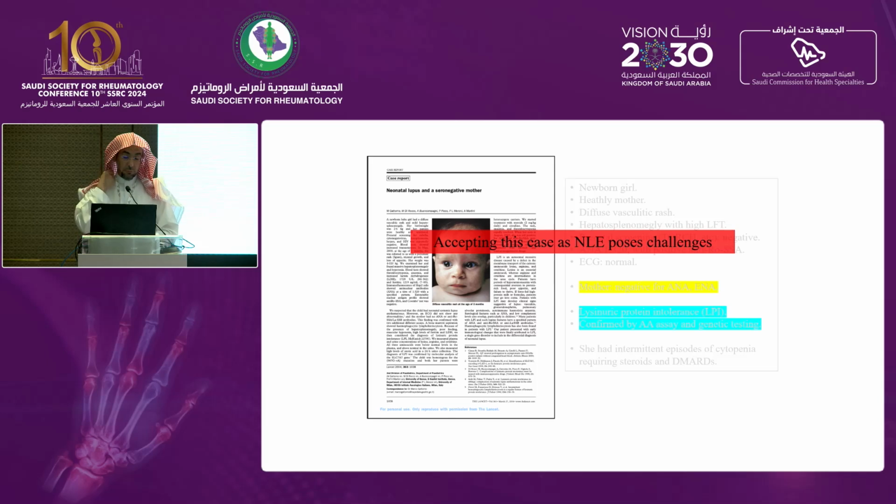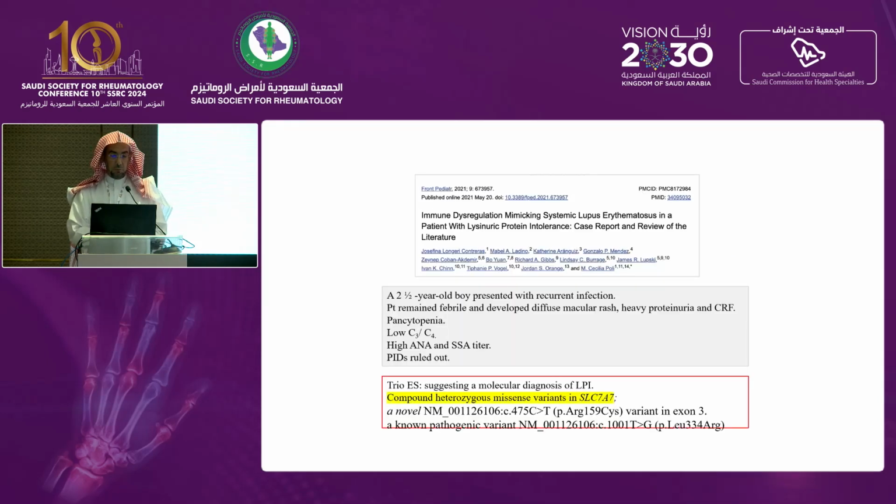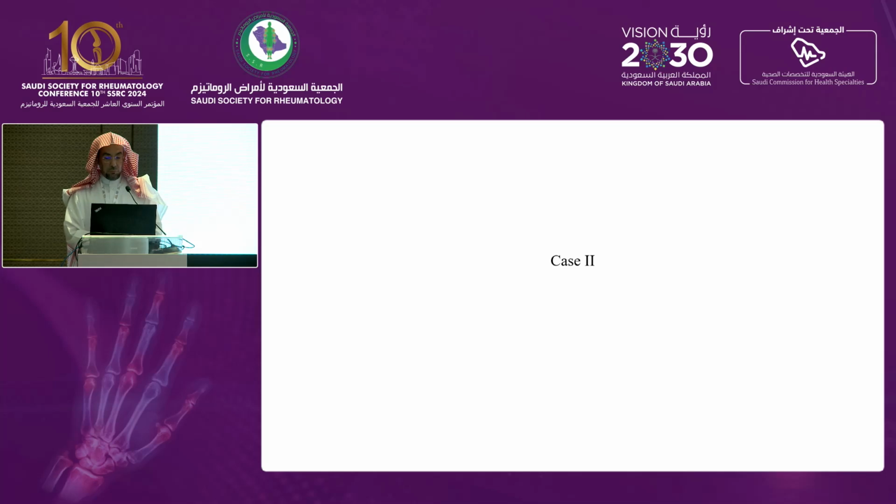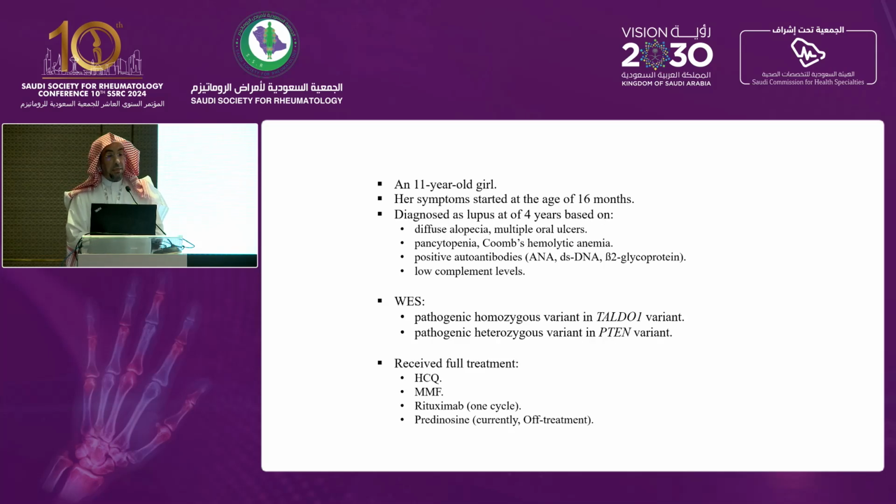Anyway, she had diffuse alopecia, multiple oral ulcers, pancytopenia, Coombs positive, ANA, double-strand, everything positive, and the gene confirmed a pathogenic homozygous TALDO1 variant and a PTEN variant, which is one of the genes that may cause lupus. And she received the usual treatment for monogenic lupus, at least in our practice.